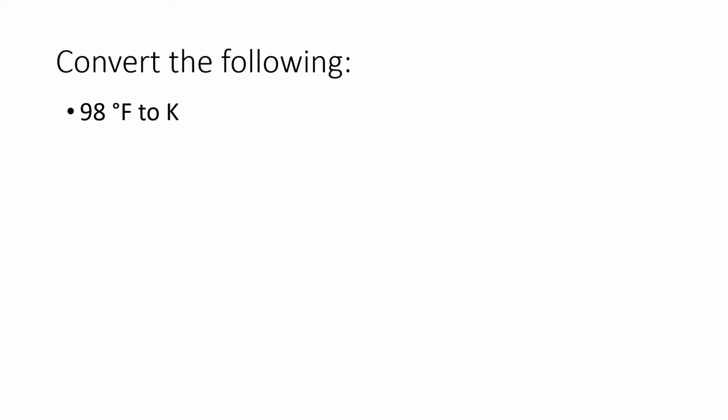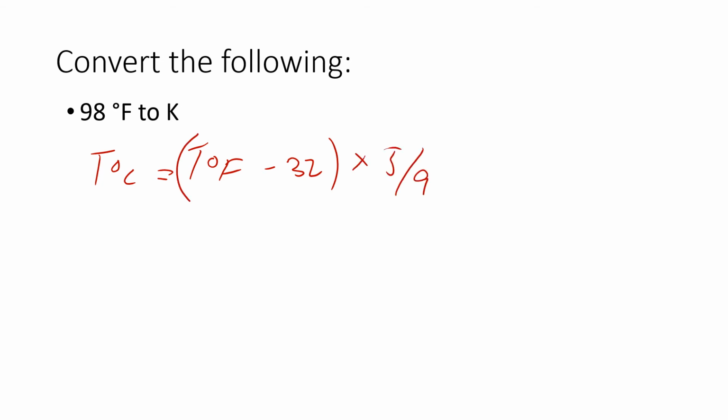Alrighty guys, so this one is Fahrenheit to Kelvin. There was no direct formula for that, so you have to do it in parts. Convert this first to Celsius. So Celsius is Fahrenheit minus 32 in parentheses times 5/9.